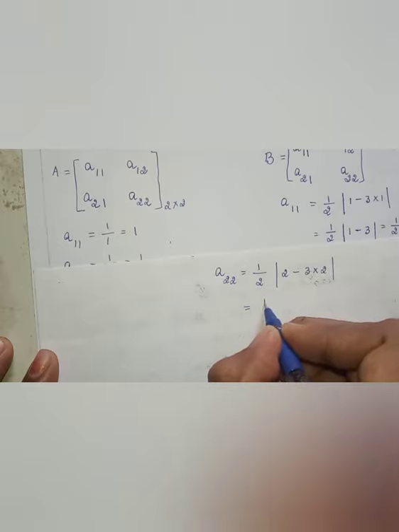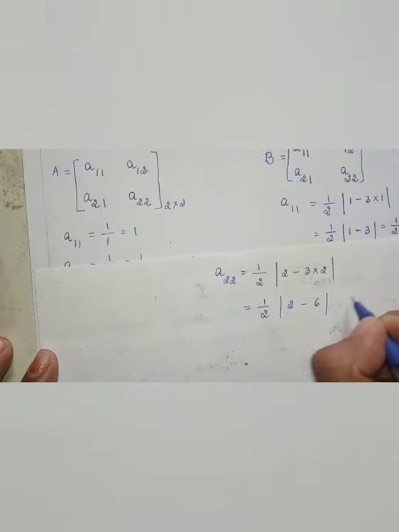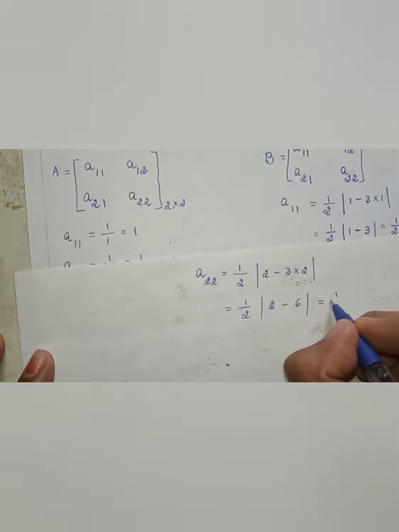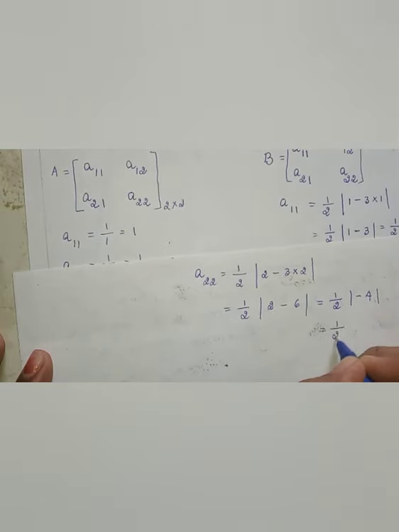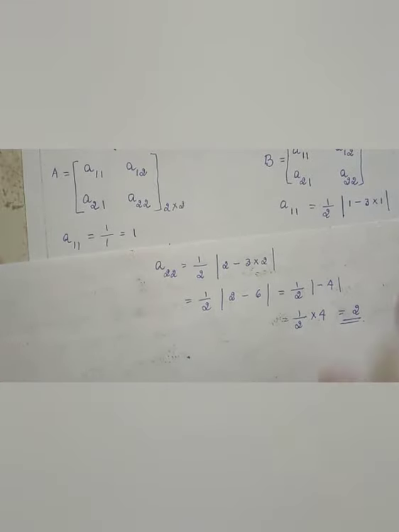So this is 1 by 2 into modulus of 2 minus 6. 1 by 2 into modulus of minus 4. Again, modulus of minus 4 is plus 4. 1 by 2 into 4. The value is equal to 4 by 2, which is equal to 2.